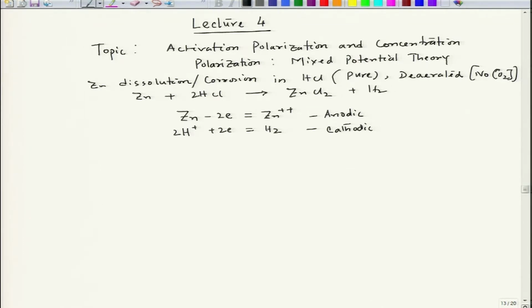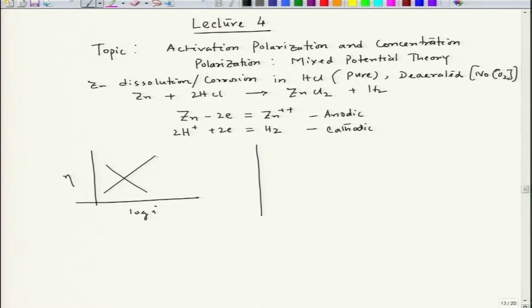We could also see that separately, if we consider a zinc plate dipped in zinc containing solution, we will have a situation like this.